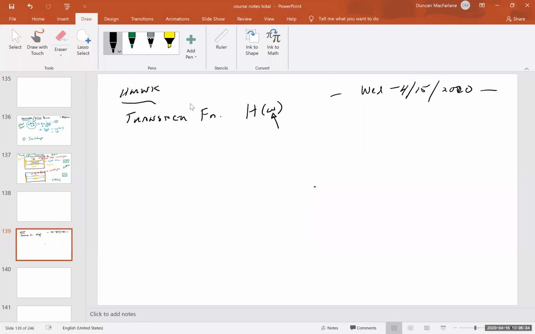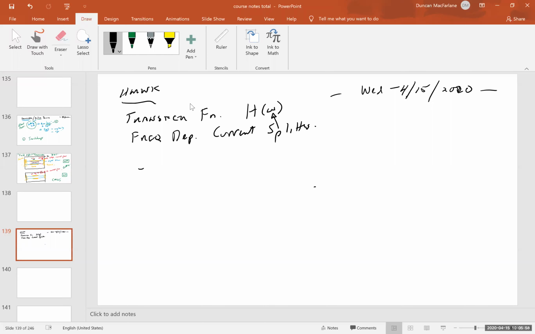So different frequencies get transferred differently from the input to the output. So we did this with a voltage divider, and now we have a frequency dependent current splitter.